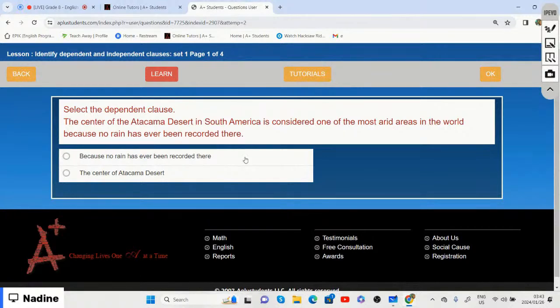It says, "The center of the Atacama Desert in South America is considered one of the most arid areas in the world because no rain has been recorded there." So we need to now select the dependent clause. Is the dependent clause "because no rain has ever been recorded there" or "the center of Atacama Desert"?